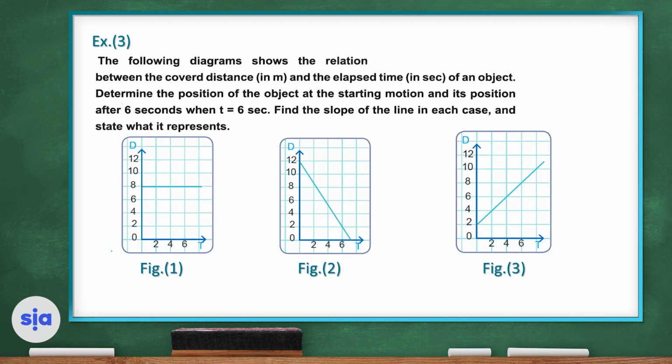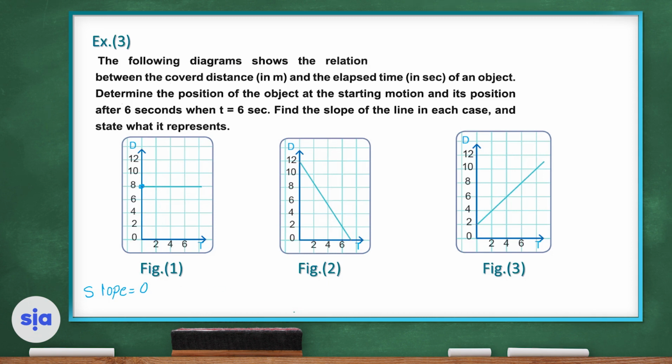So, for figure 1, as you can see here, it starts at 8, and after 6 seconds, it's also at 8. Then the slope here is, yes, excellent, it's a horizontal line, so the slope is 0.